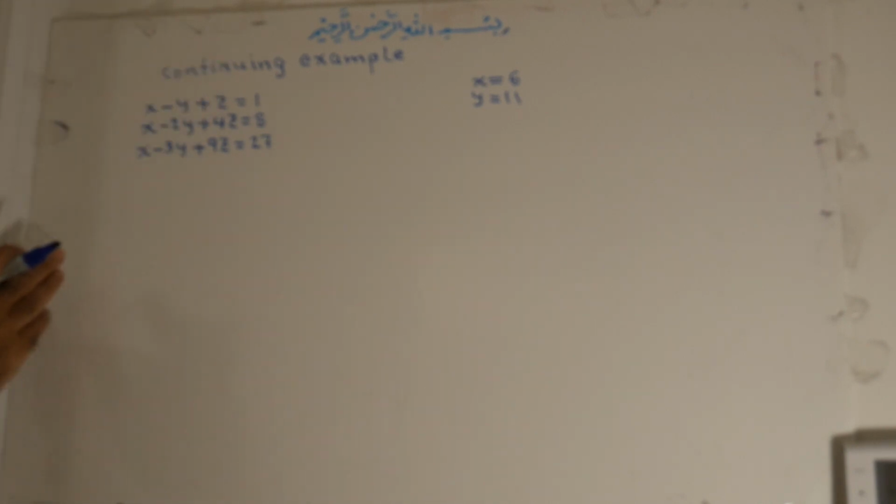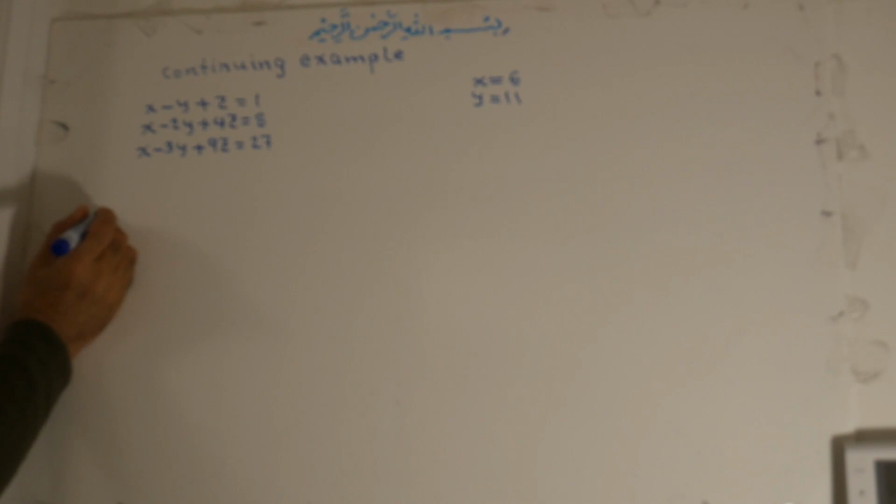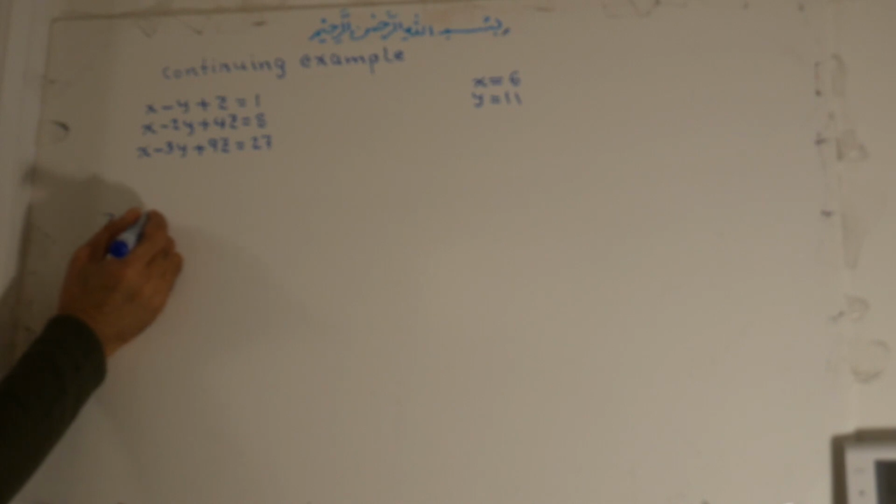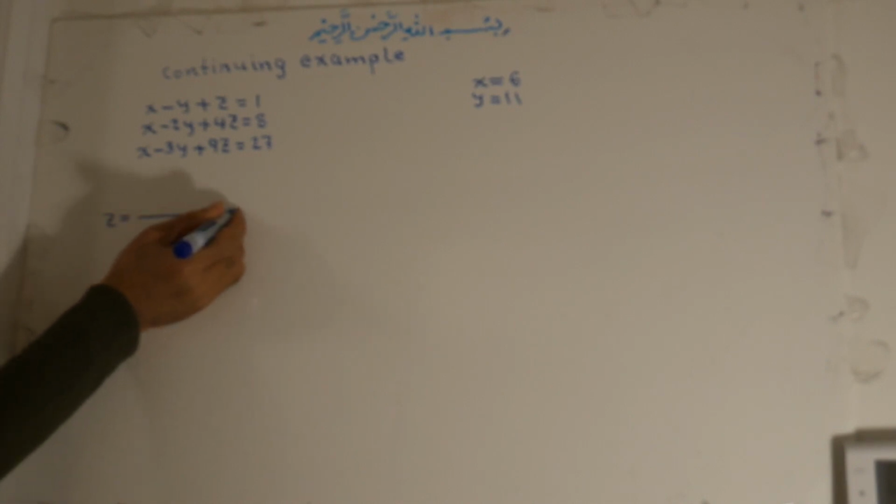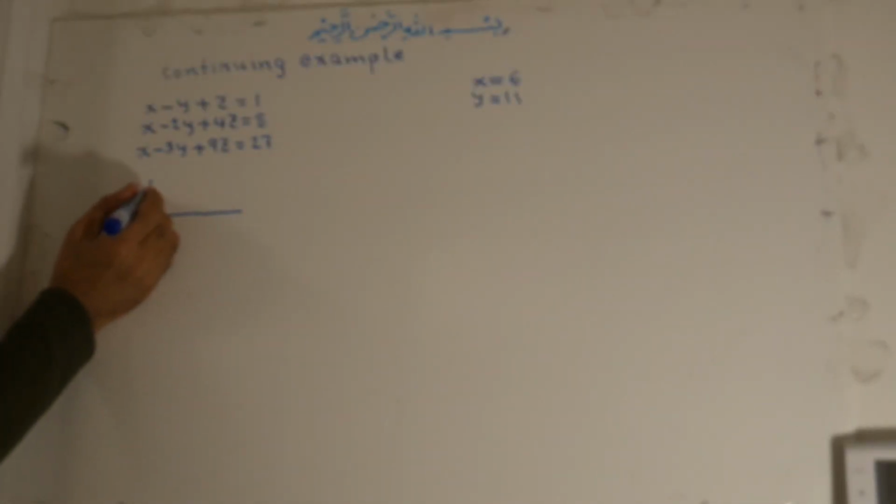Continuing the example. We already solved the example for the x and y. The value of x becomes 6 and y is 11. Now we solve for the z. Z is equal to, now when we want to solve for the z, what we do, write the coefficient of x itself, 1, 1 and 1, and the y, minus 1, minus 2, and minus 3.